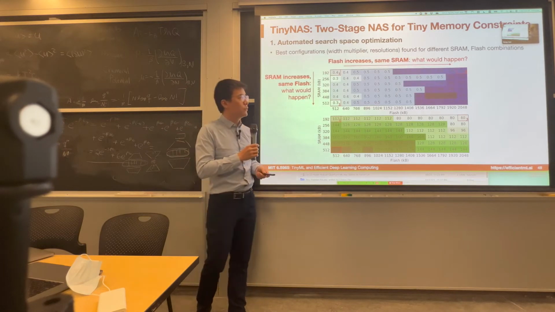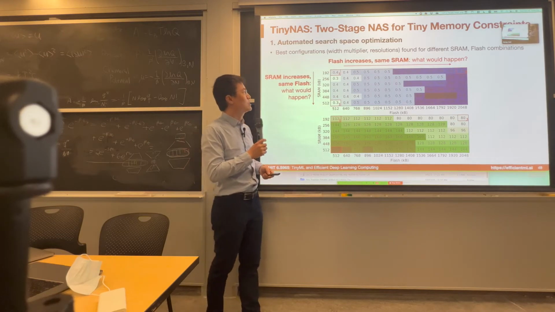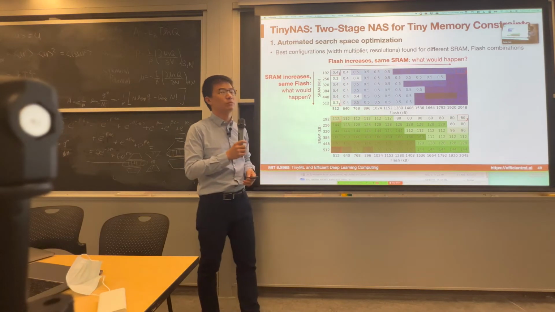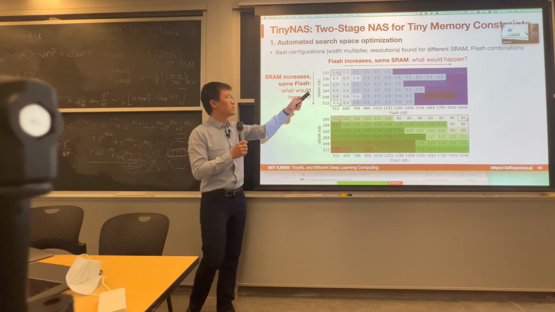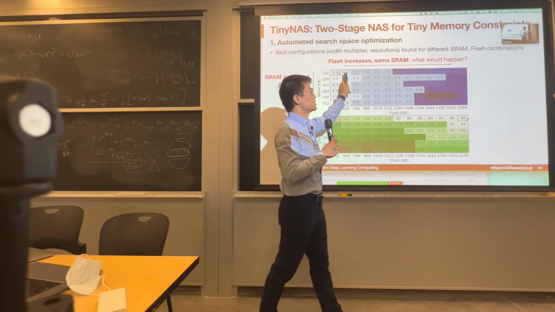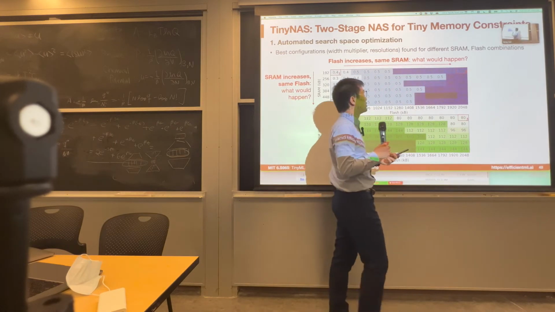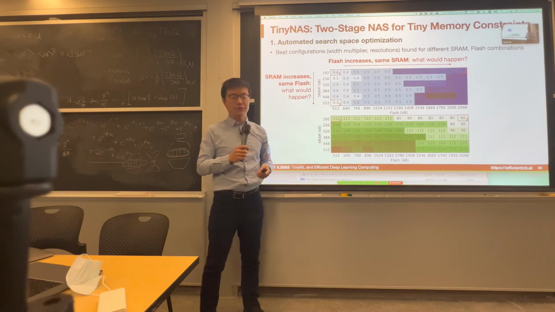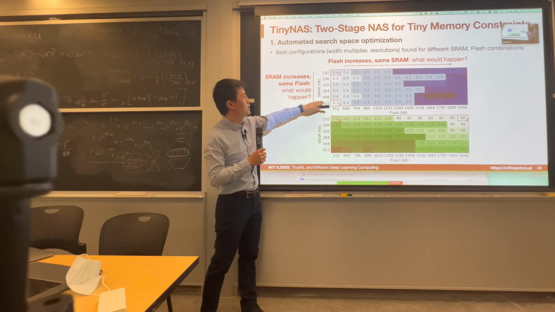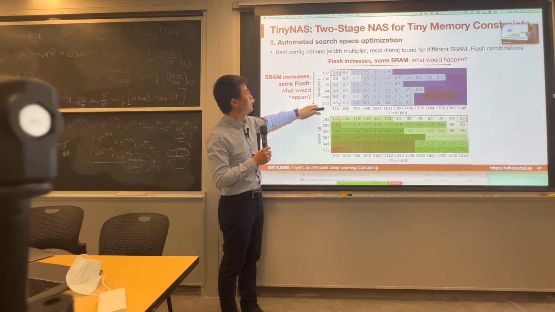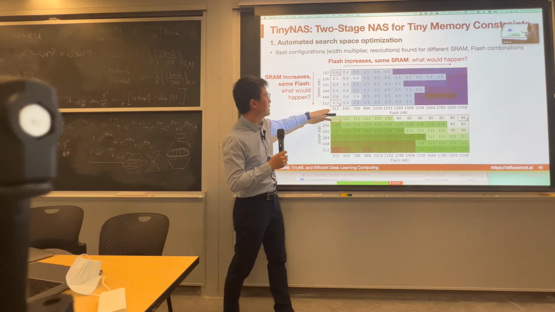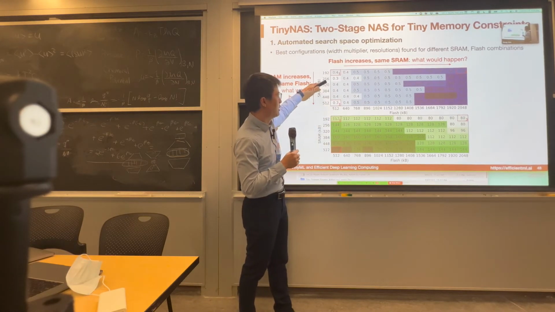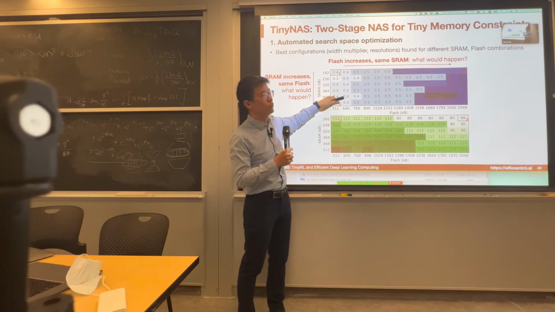All right. So using that heuristic, we try to find what happens when we have different sizes of the SRAM versus different sizes of the flash. On the top, we plotted the scenario between the flash and the SRAM for the width multiplier.